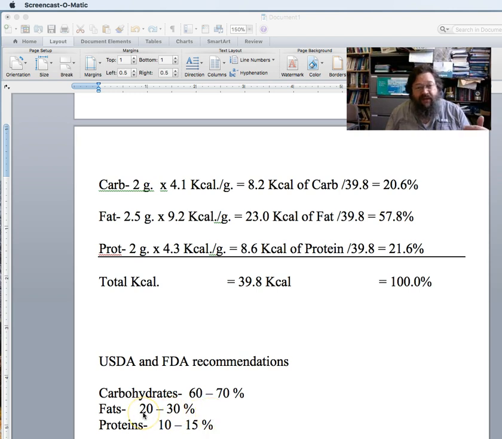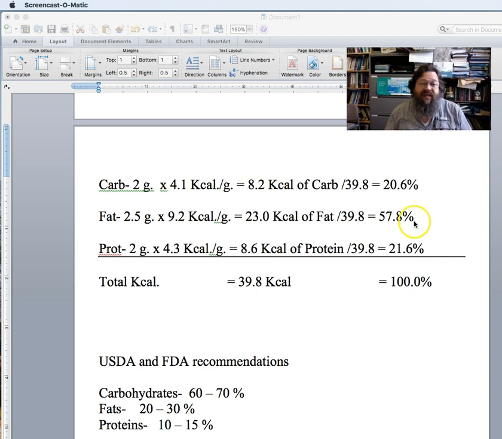So in order to call something low fat, it has to be below 30%, although since the USDA and FDA are telling us that 20 to 30% is the normal we're supposed to aim for, more properly, low fat would be anything less than 20.